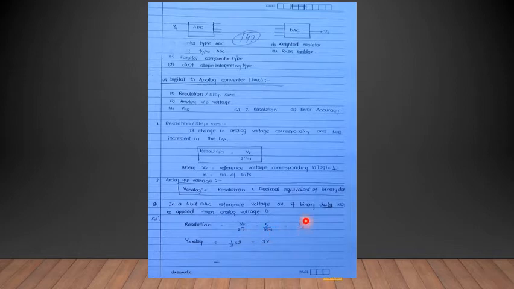Now how can we calculate analog output? We have to find the decimal equivalent of this binary data, so this binary data's decimal equivalent is 4. So 4 by 3, and it comes out to be 4 by 3.